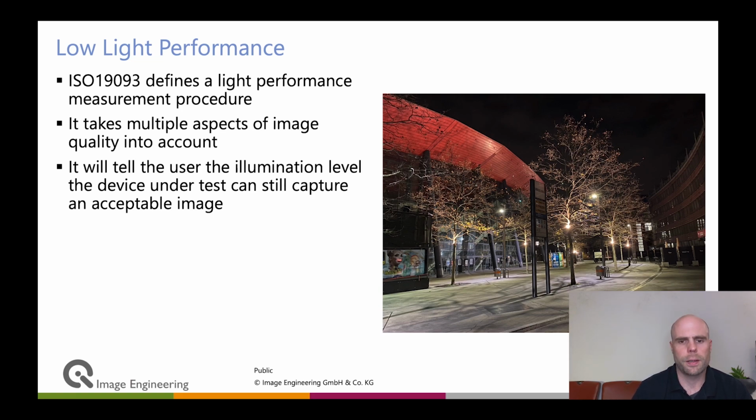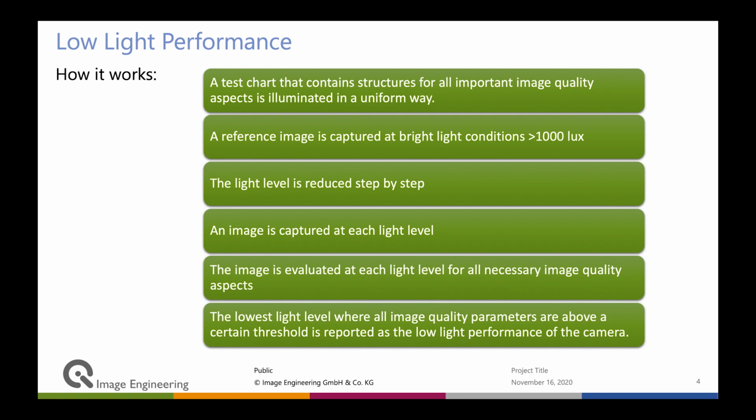So how does the procedure work? The procedure is quite straightforward. First of all, we take a test target that is designed so that you can measure multiple aspects of image quality at exactly the same time.